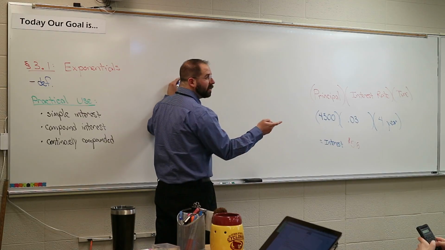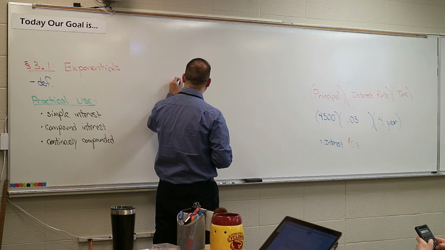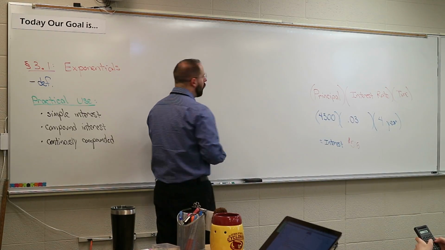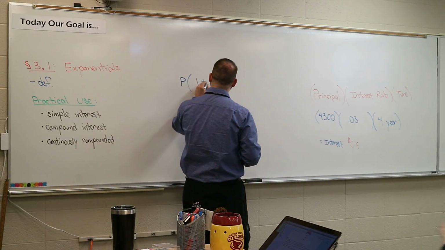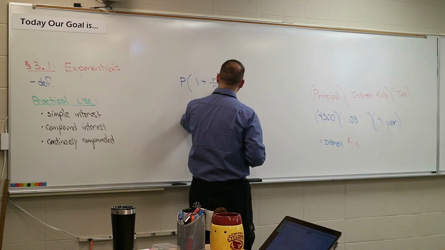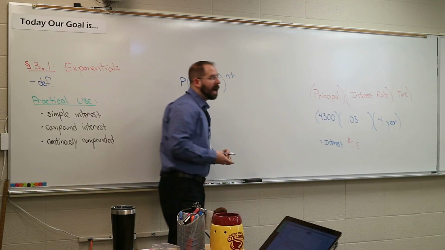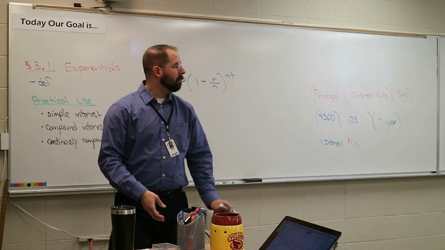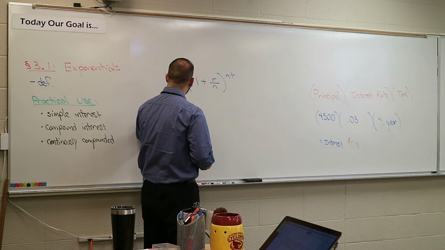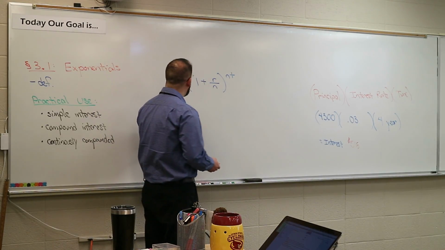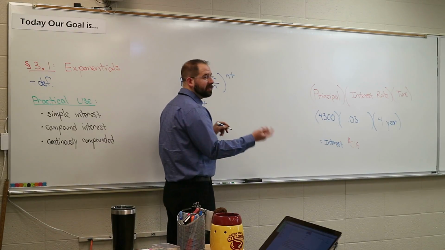Now here's the actual calculation for how compound interest works for student loans. This is the formula for a compound interest student loan. P is the principal, the amount of money that I'm borrowing. R is obviously my rate.